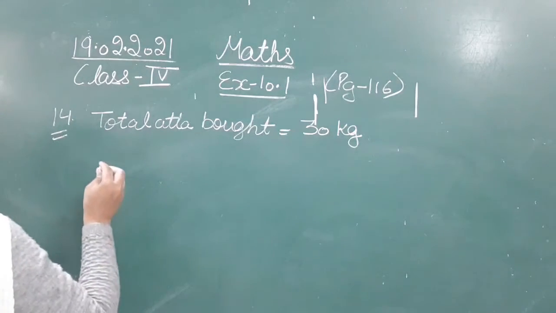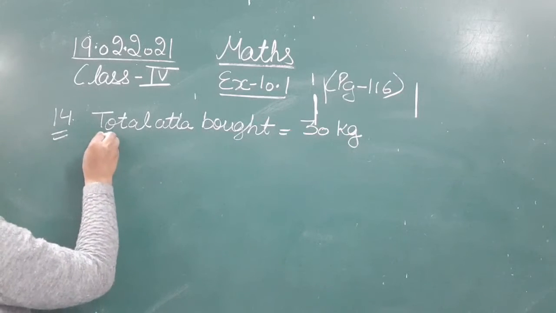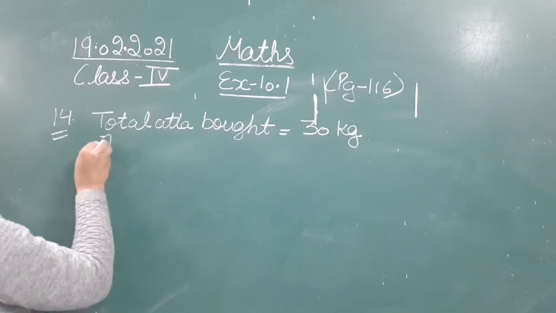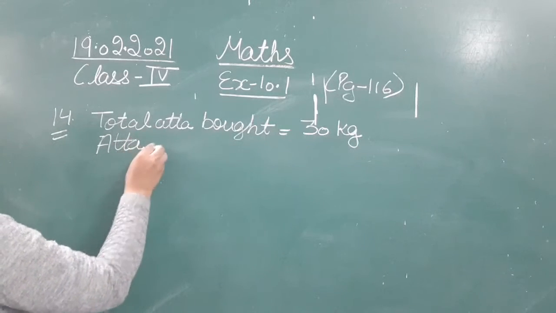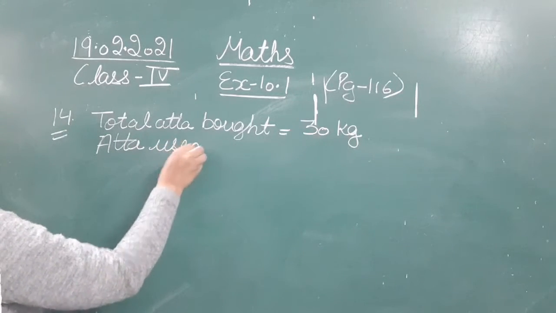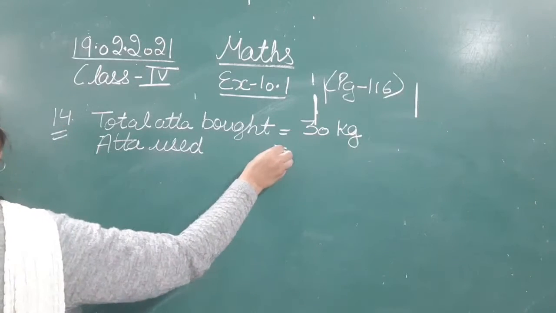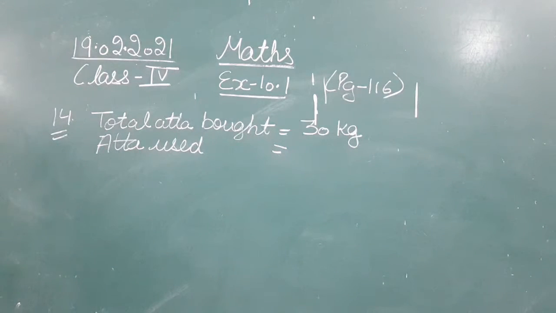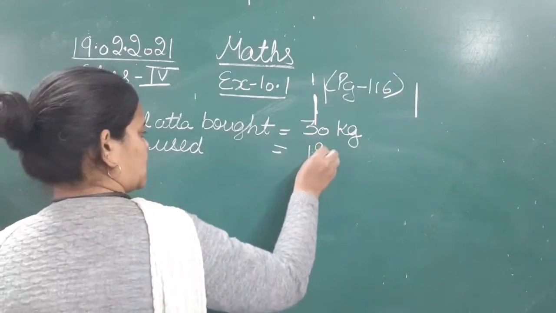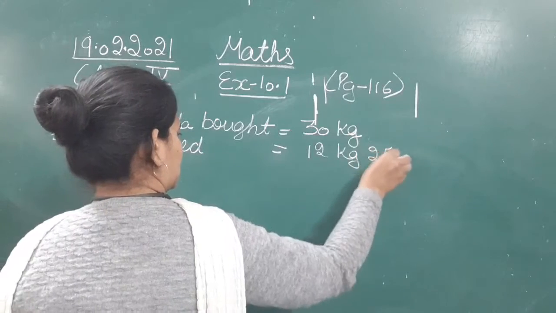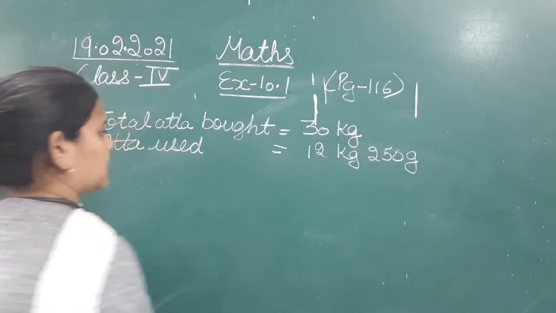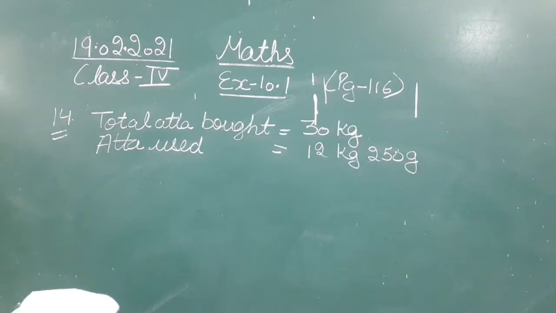They have mentioned the atta used, that is 12 kg 250 grams. So this is the atta used. Now we need to calculate atta left.